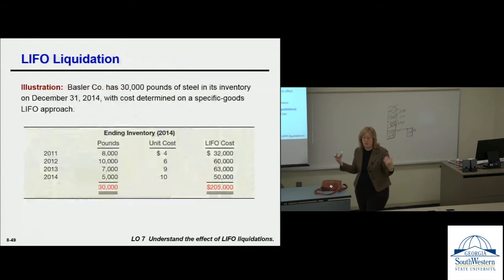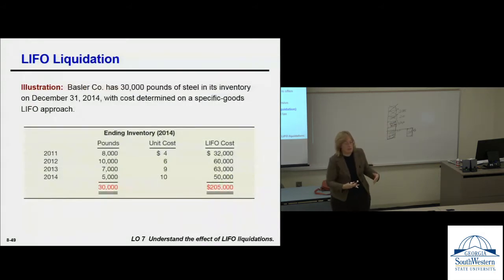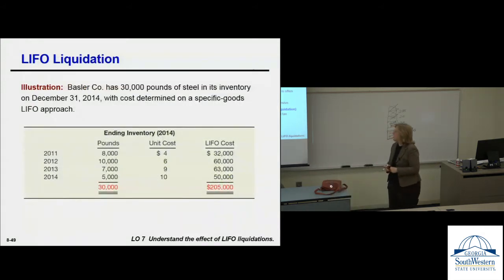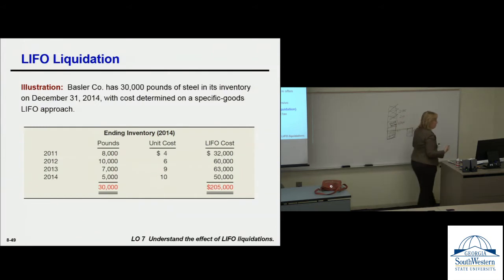You might divide up your inventory into 3 pieces. Okay, but if all of a sudden one of those went down, then you would have what's called a LIFO liquidation. So most frequently, you might pool your inventory into small groups like that.